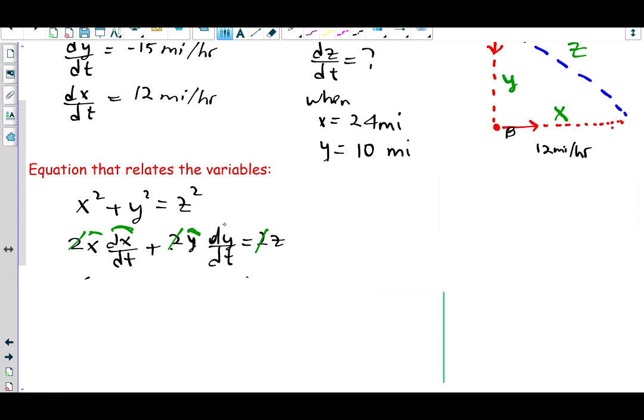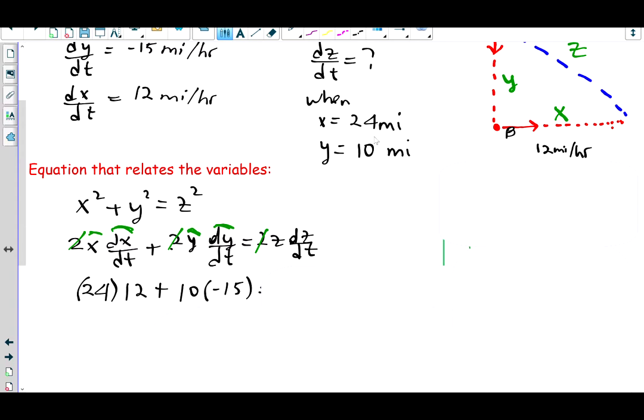And dy/dt is negative 15. So I'm going to go ahead and put those values in. But then what do you do with the right hand side? We do not yet know z, although it's okay not to know dz/dt because we're going to solve for that, but we don't know what z is.